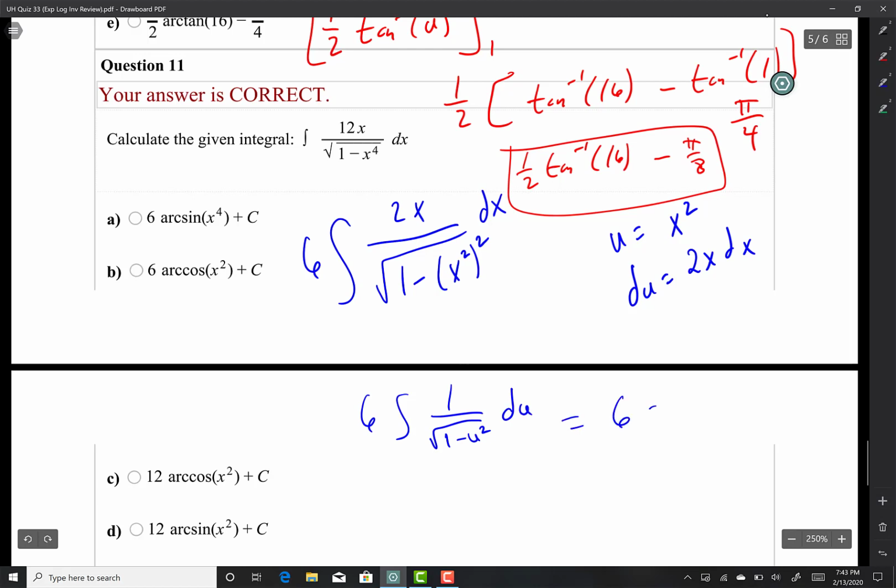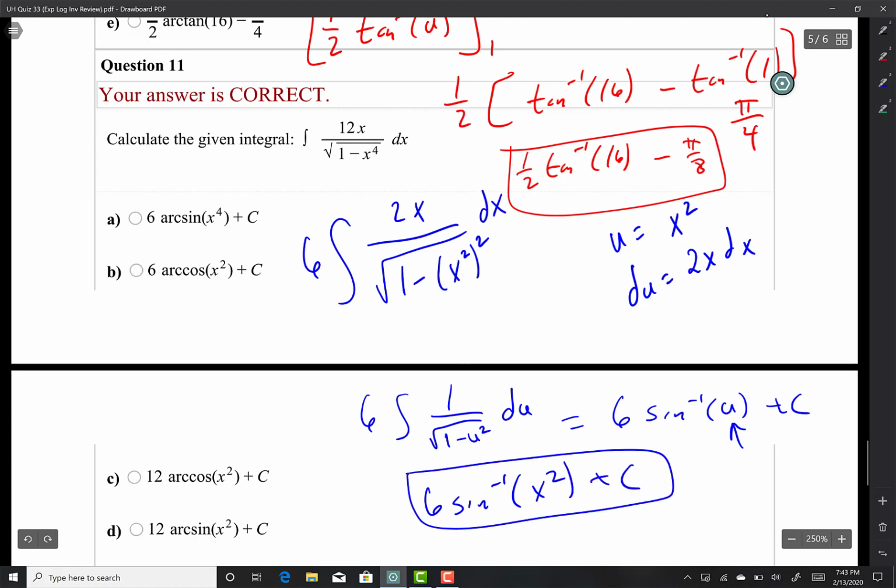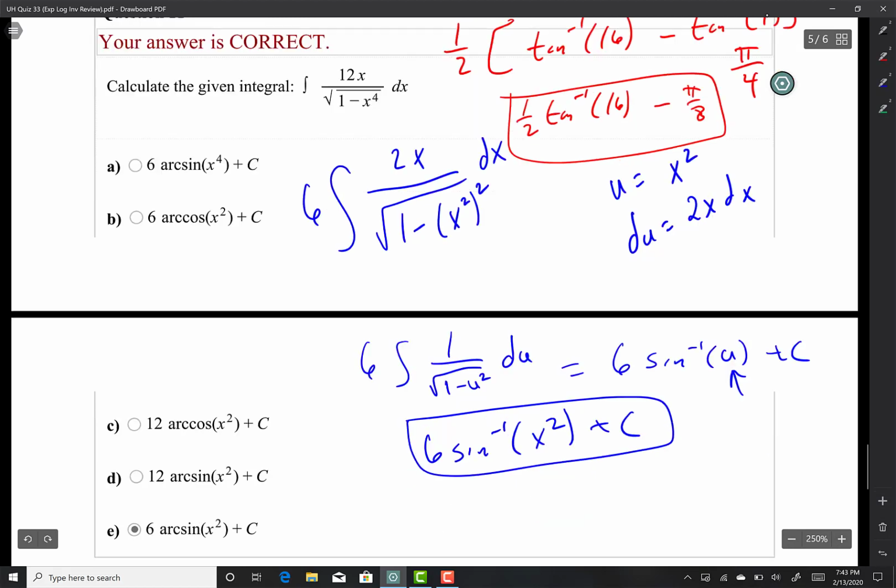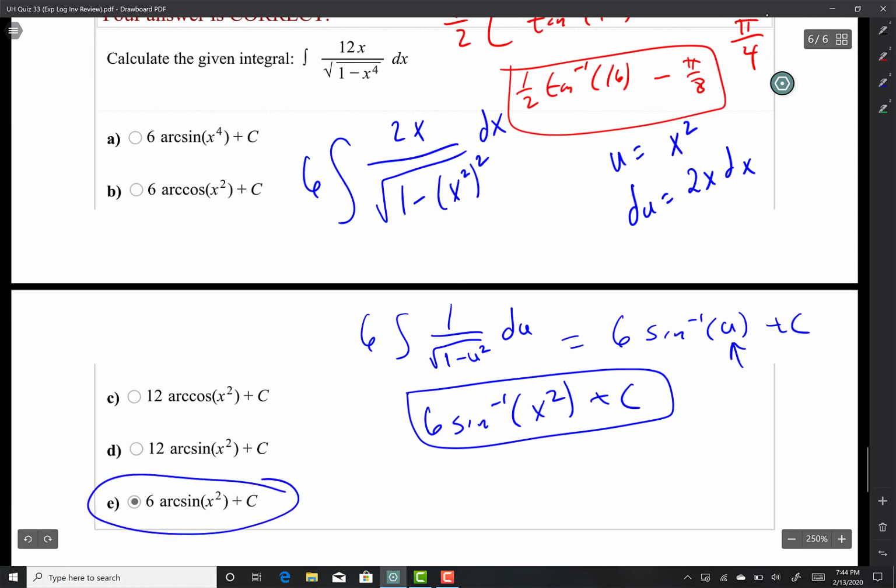So we have 6 arc sine of u plus c. And then we're just going to plug in what u is. So just plug in that u, guys. X squared plus c. And there it is. Yay. Oh, wow. We finished that one pretty quick.